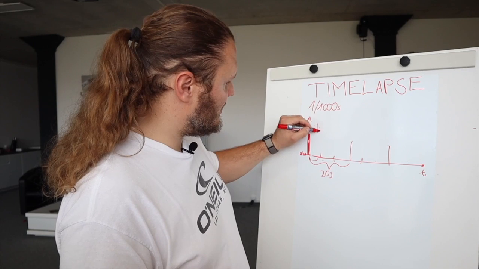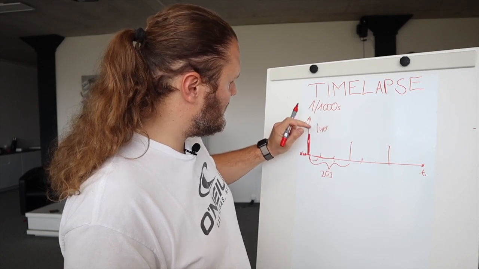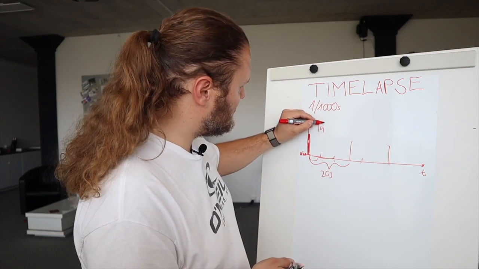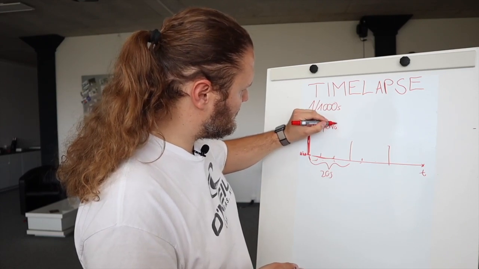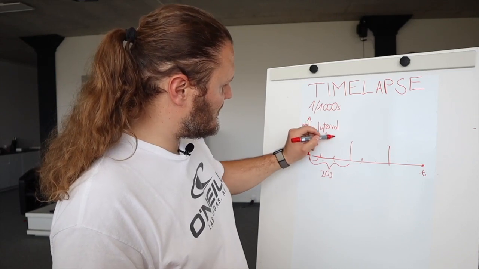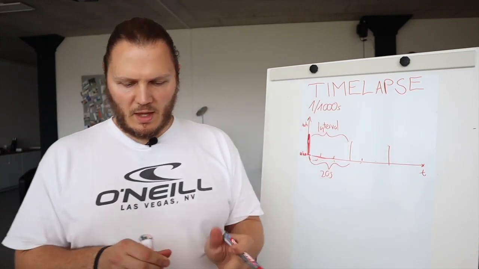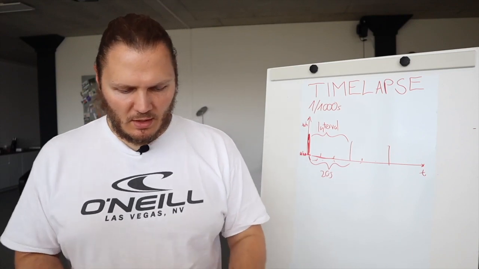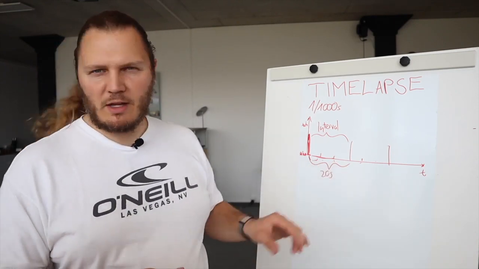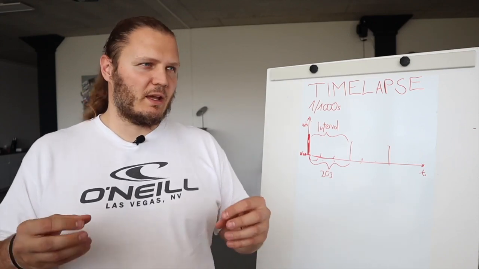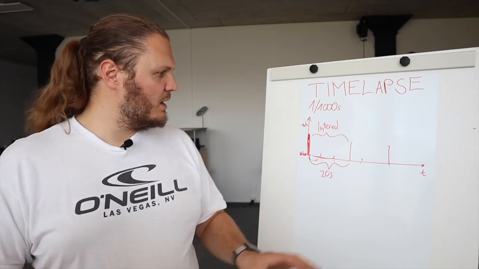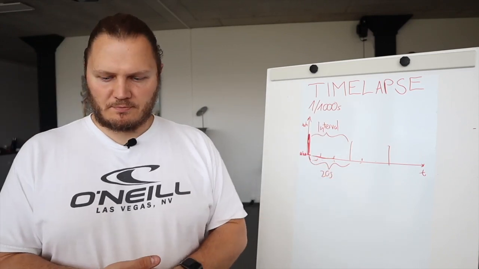This here is the interval, this space, and you can play with that space. As I said, if you have faster movements, make this time shorter. If you have longer movements, like less movement or less changes in your scenery, you can make it longer.